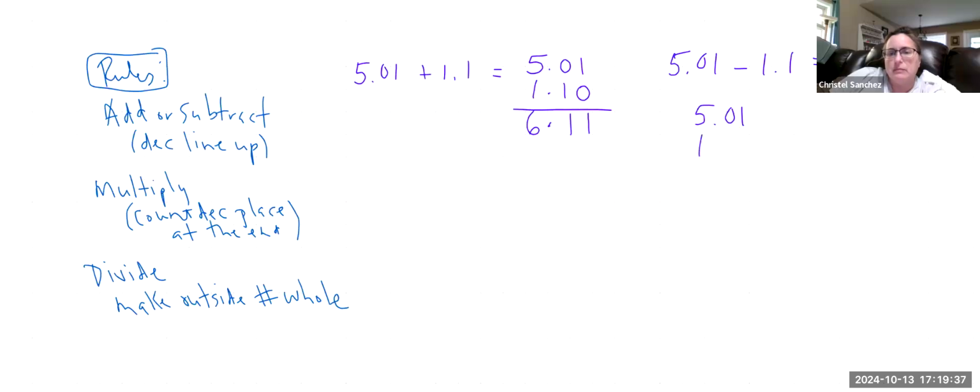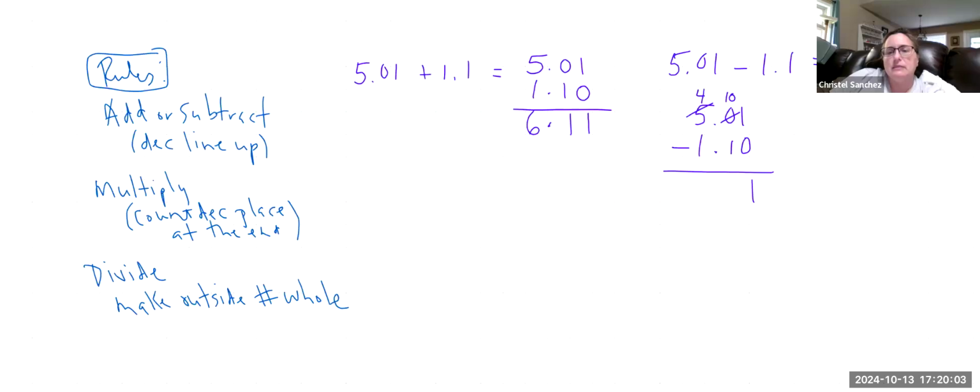All right, and again, you can put that placeholder of a 0 there. So 1 minus 0 is what? 1. Now, can I take 1 from 0? I cannot, okay? So I am going to have to borrow. So I'll make this a 10, and I'm borrowing 1 from that one, so it's going to be a 4, okay?